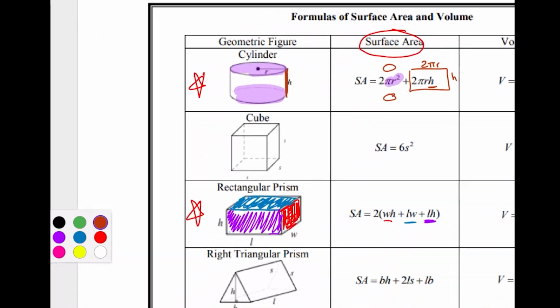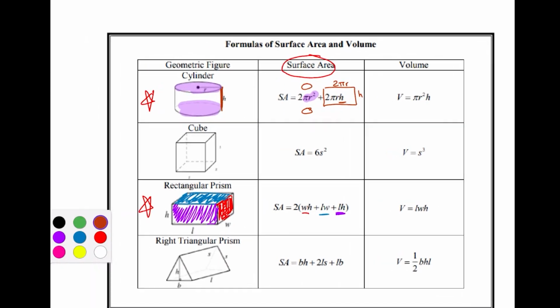Now, as far as the volume is concerned, volume is the amount of space that the object takes up. You can think about it as, how much water can I pour in here? How much actual 3-dimensional space is it taking up? And for both the rectangular prism and the cylinder, it's the same basic formula, which is the area of the base times the height.